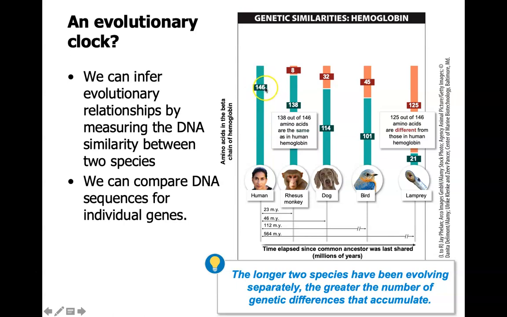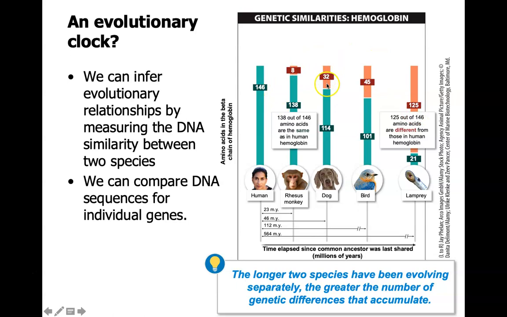we have 146 amino acids in our hemoglobin, and so there's a specific sequence that codes for that amino acid sequence. If we look at chimpanzees, we have 8 amino acids different. So hemoglobin in humans and rhesus monkeys are much more similar than the other organisms.